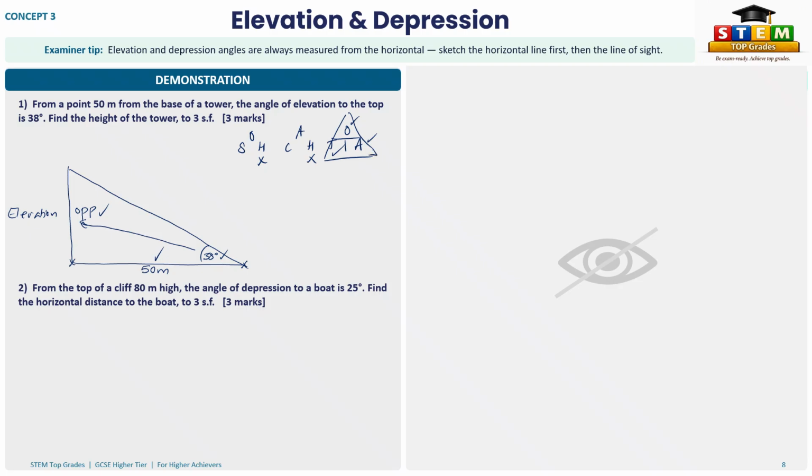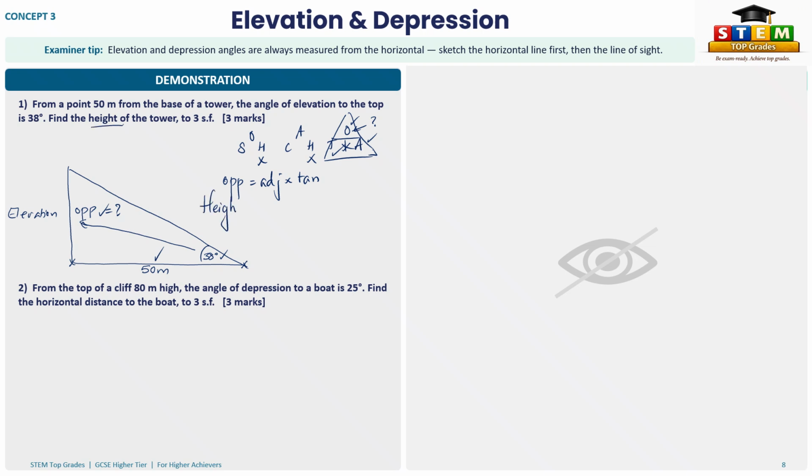So if you like formula triangles, you know what to do. Where is the question mark? We're looking for the height, which is the opposite, which means we're going to be multiplying the adjacent with the tan. So opposite is adjacent multiplied by tan. Opposite is the elevation, so the height of the tower.